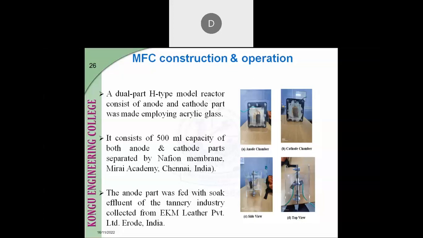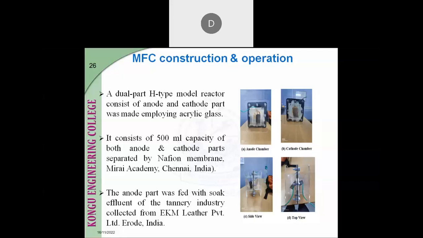But some studies are also related to the mediatorless MFC. Normally the electrochemically active bacteria are Shewanella, and also Geobacter and Rhodopseudomonas.